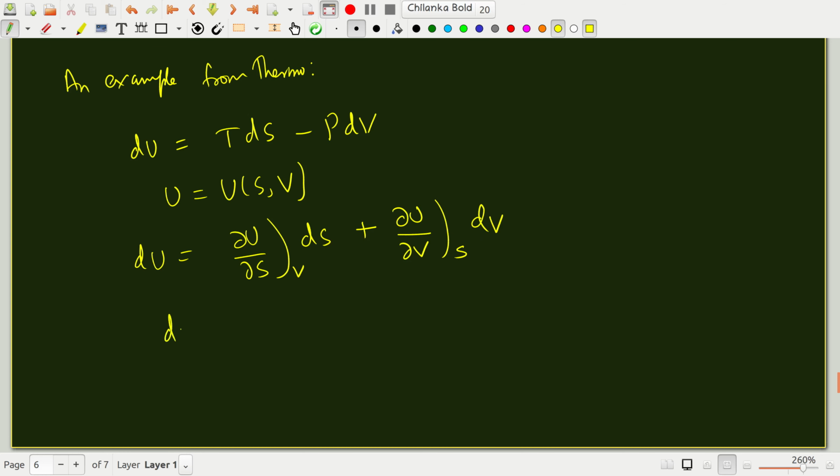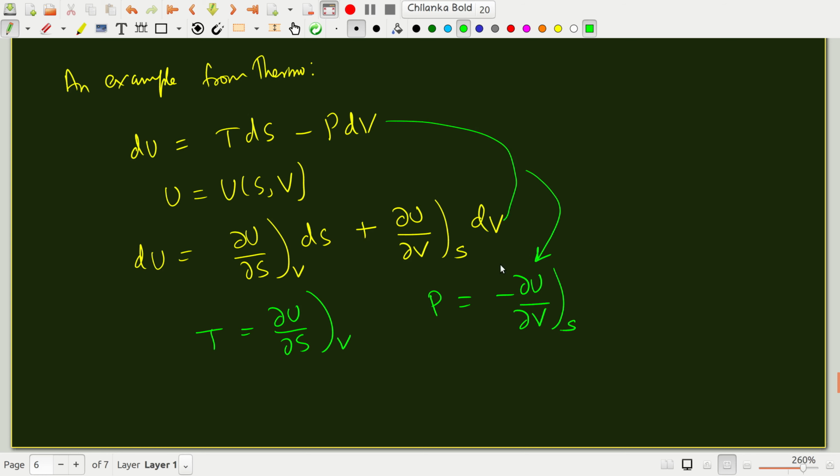By comparing these two, T is partial U partial S at constant V, and P is minus partial U partial V at constant S. Just by comparing these two I get this.